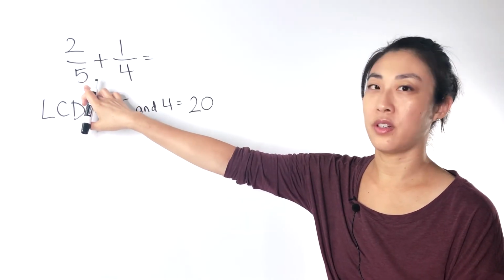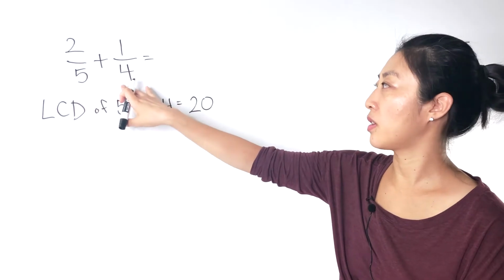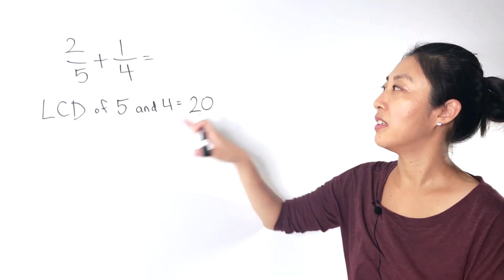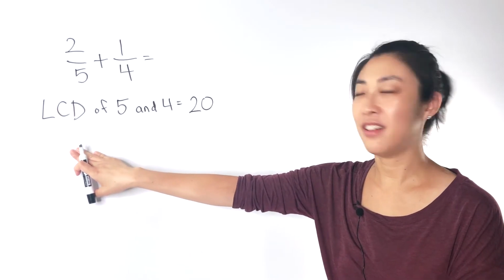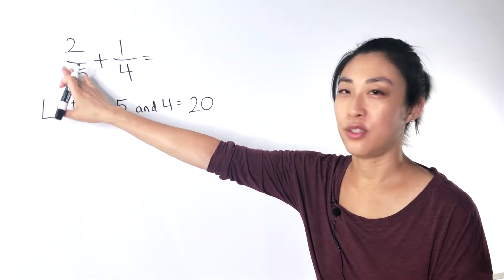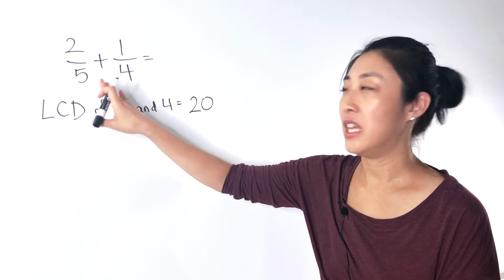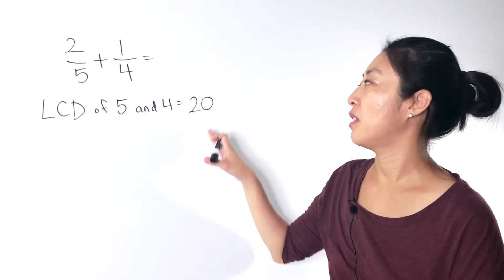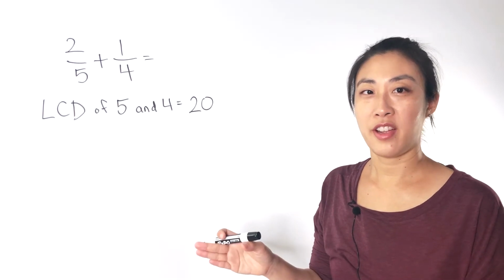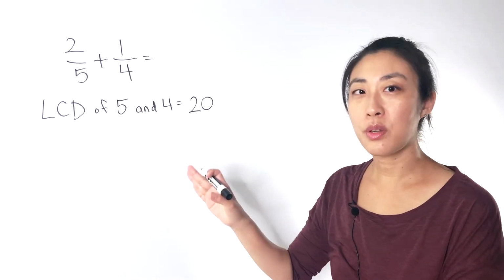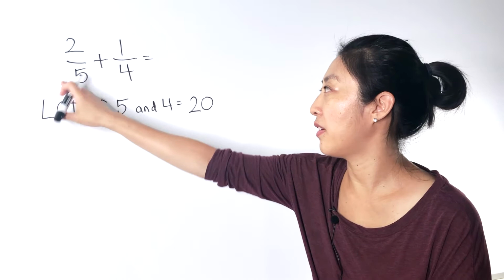Five times 4 is 20, and 4 times 5 is 20. Now that we have the least common denominator, we need to take both of these fractions and convert them so that the denominator is 20 without changing the value of the fraction. Let's do it for the first fraction, 2/5.